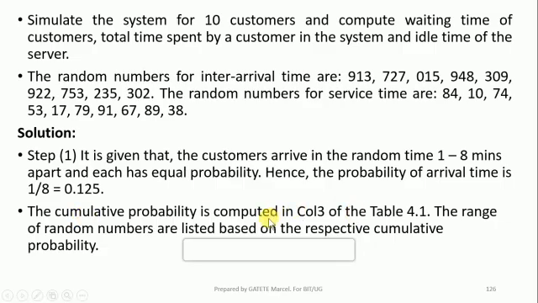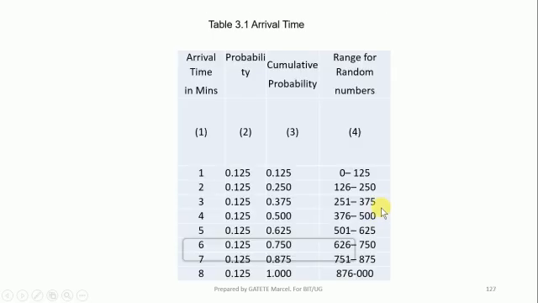So the cumulative probability we are going to compute will be the sum of all probabilities in column 3. The sum will be in column 3 of the next table. Let's check. Here they say 4.1.